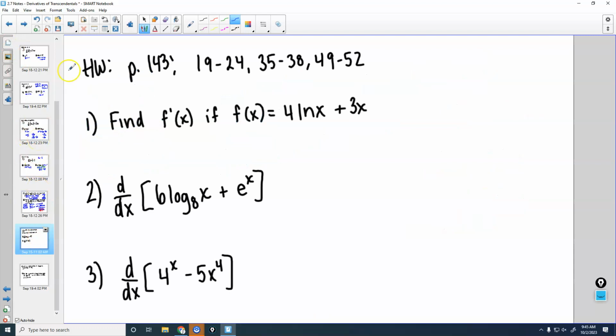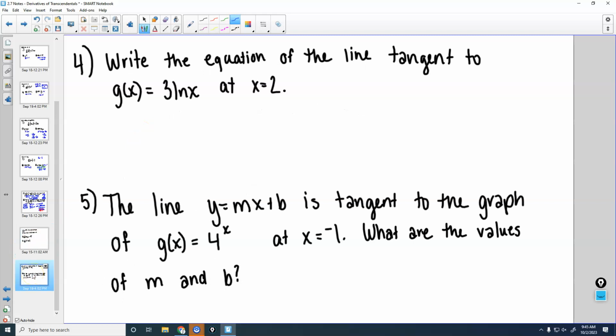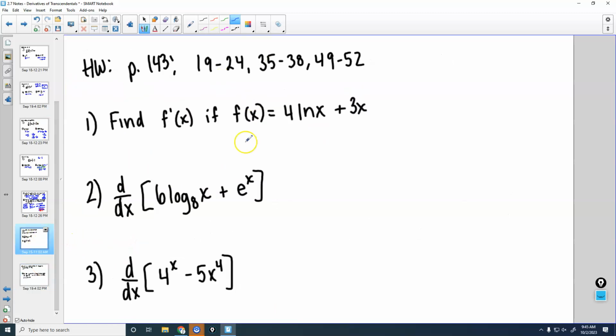Okay, so your assignment is going to be, you guys do you have both of these last two, or did I leave that last one off? Shoot, I shouldn't have left that off. I was trying to save paper and not copy one slide for this. We may just do 4 and 5 for a warm-up in the morning. So our book does not have a lot of practice with the e's and natural logs in it right here.